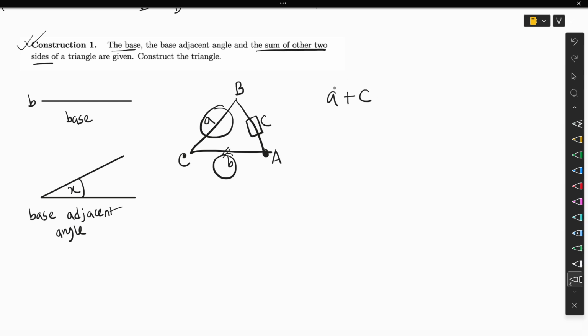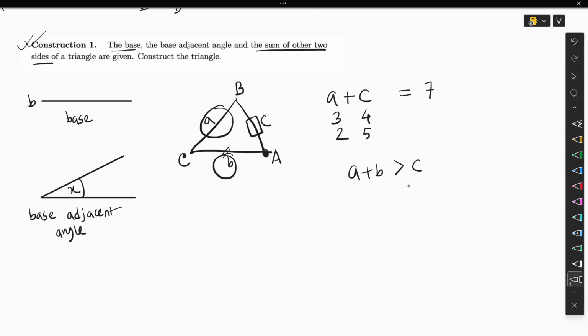If the sum is 7, then A can be 3 and C can be 4, or maybe 2 and 5, as long as it follows the condition that the sum of any two sides is greater than the other side.